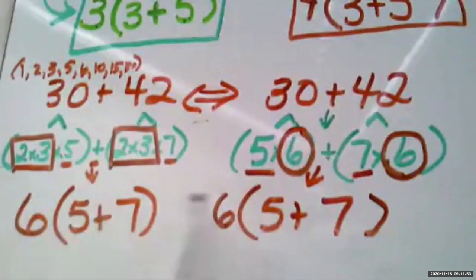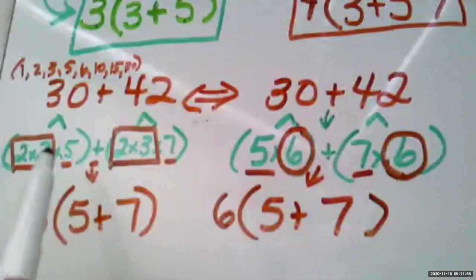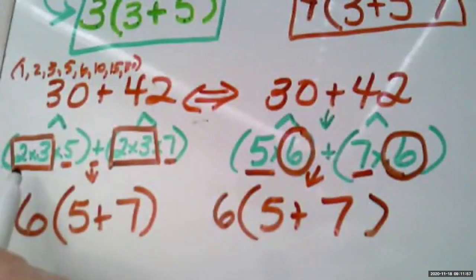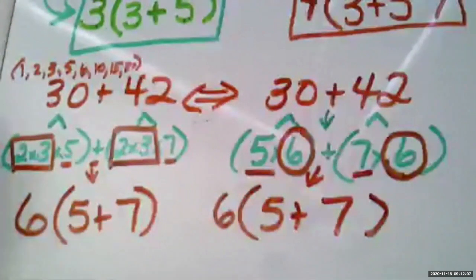So you would still get the same answer this way if you used the original prime factorization way. Okay? Yes, excellent point. Thank you. Great question, Angie. Bonus points for you.